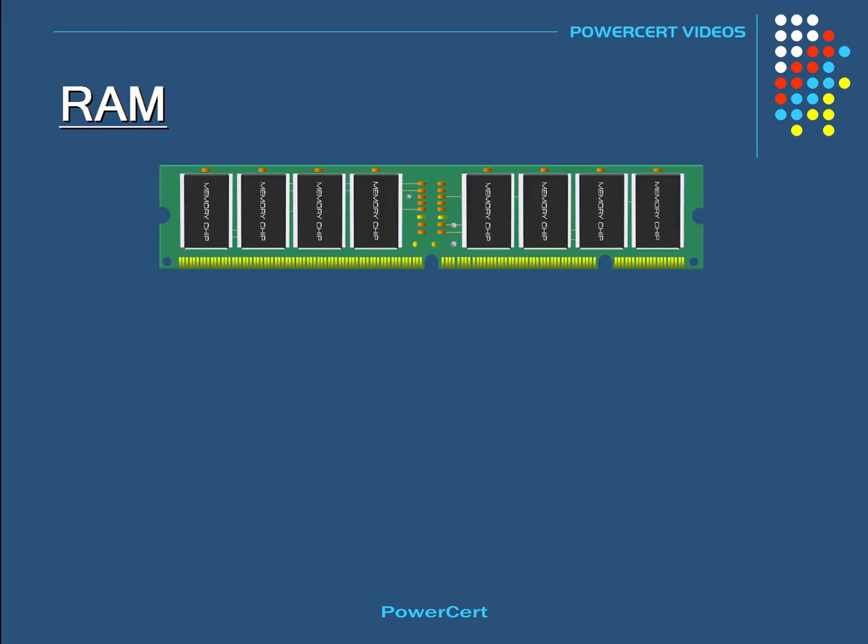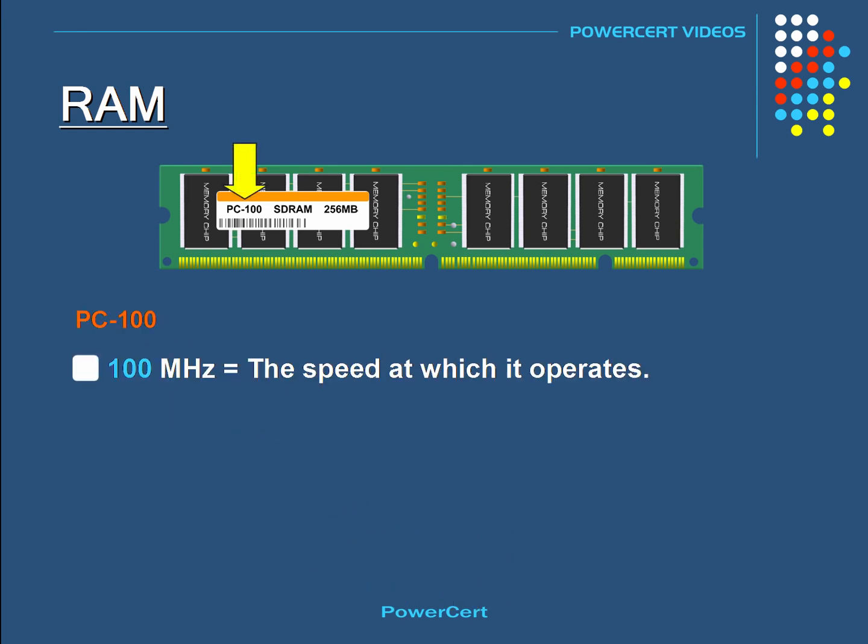SDRAM is rated at different speeds. For example, a stick of old SDRAM way back in the late 1990s could be labeled PC100. The 100 equals the maximum speed at which it operates, which is 100 megahertz. And since SDRAM only comes in 64-bit modules, as we discussed earlier, it has an 8-byte wide bus, because 64 divided by 8 equals 8.